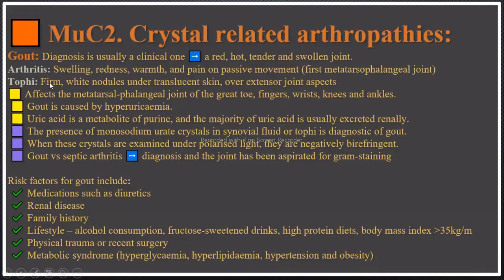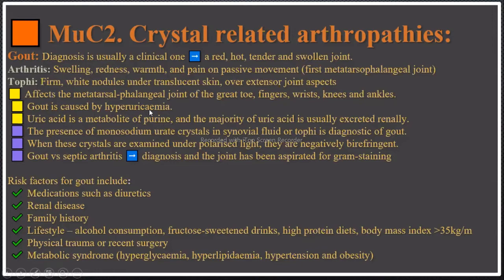If you find firm white nodules in the scenario or in the image, over the extensor aspect of joints, it's a tophus. So both of them, it's gout. Affects metatarsophalangeal joints of great toe, fingers, wrist, knee, ankles.